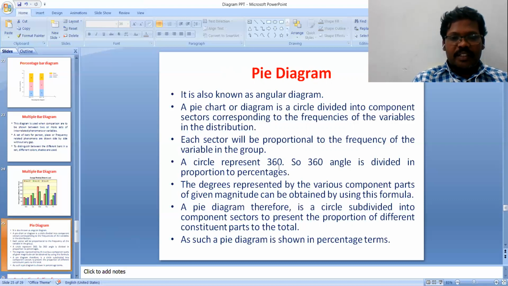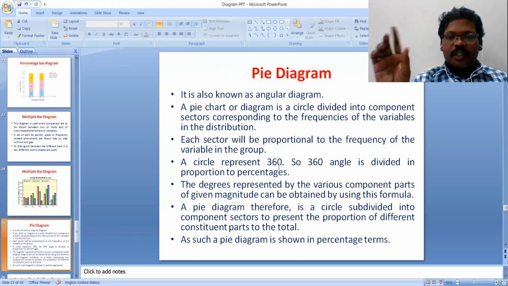So already I told you, the circle is called 360 degrees. So the 360 angle is divided in proportion to percentage. Suppose 180 degrees of the area was covered by a particular aspect, so that is nothing but 50% of the area in the circle.